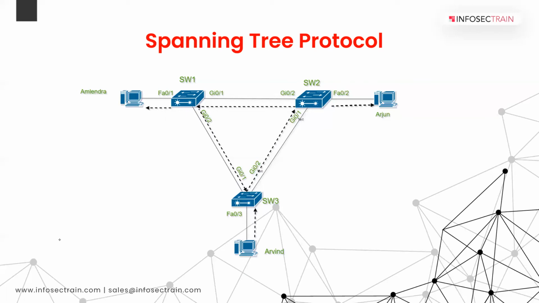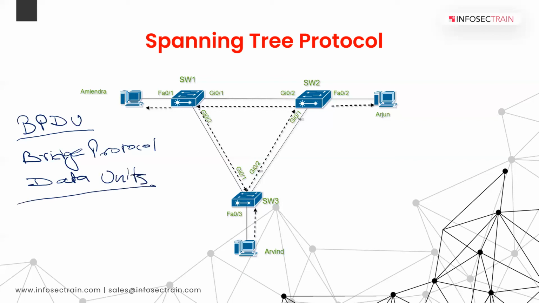Now, if we talk about more things in spanning tree protocol, we have the process, but before the process, we have BPDUs. Now, BPDUs are what? Bridge Protocol Data Units.